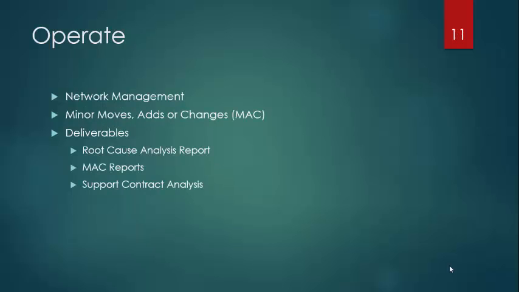Okay, in an operation phase, we are going to maintain our network. In this stage, we don't have major changes, but small ones are allowed. This phase is the longest phase in a Ppdioo cycle, and the most of the company's budget in this stage is to maintain the current network.